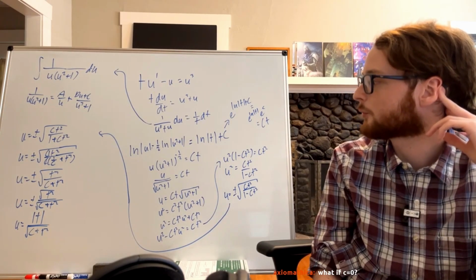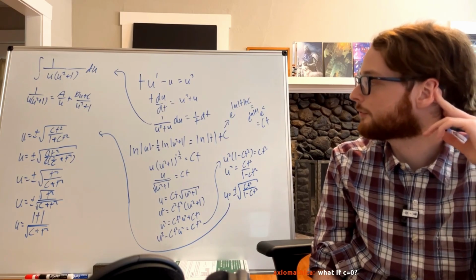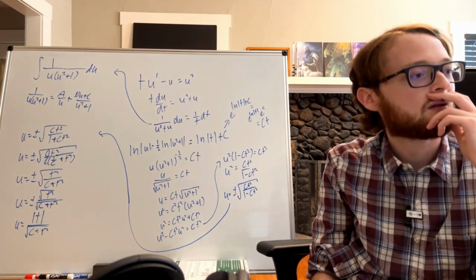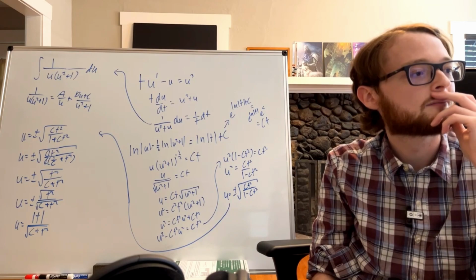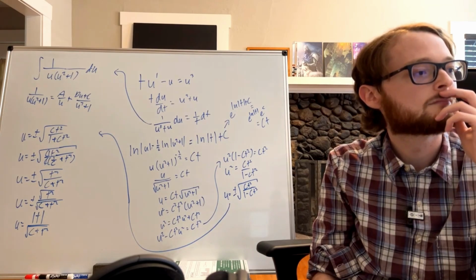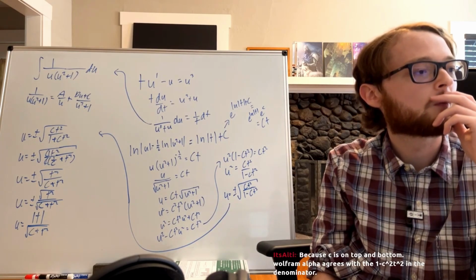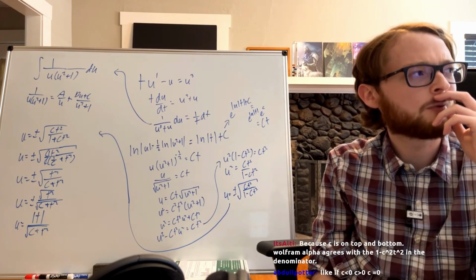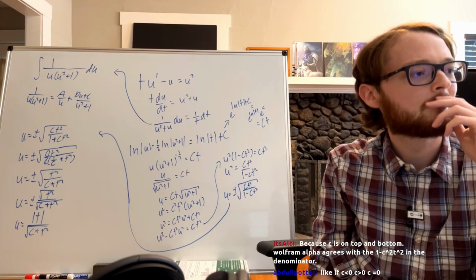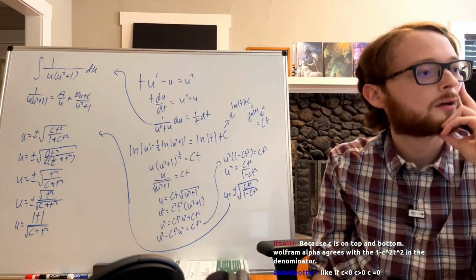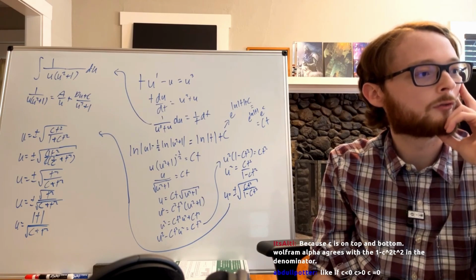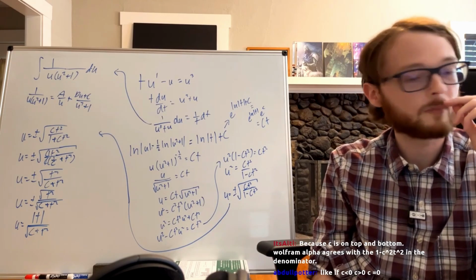So I just kind of ignored it for the sake of the problem, but maybe you do somehow use the plus and minus to justify that too. I'm not sure. One minus T squared, T squared. I don't know if that's something Wolfram Alpha will do properly. Maybe? Oh, and then you need to say if C is less than 0, C greater than 0, C equals 0. Okay. We can do that.